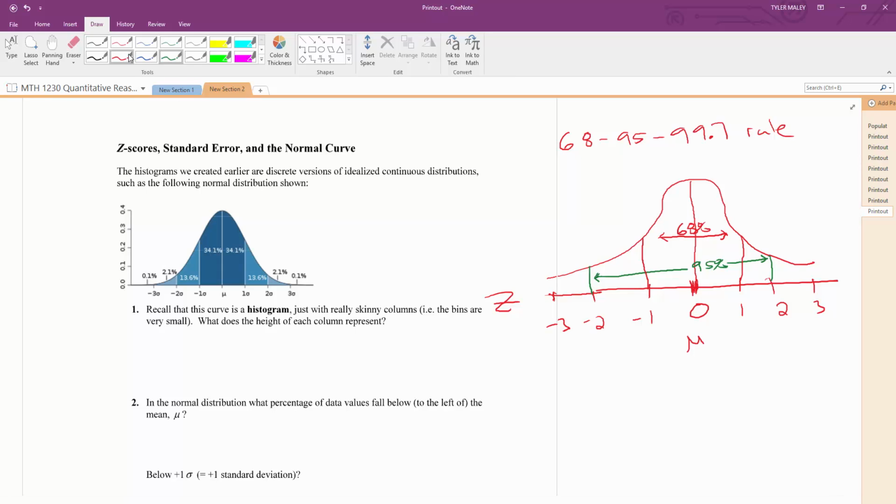And then lastly, in between 3 standard deviations, we can expect 99.7%, in between 3 standard deviations.